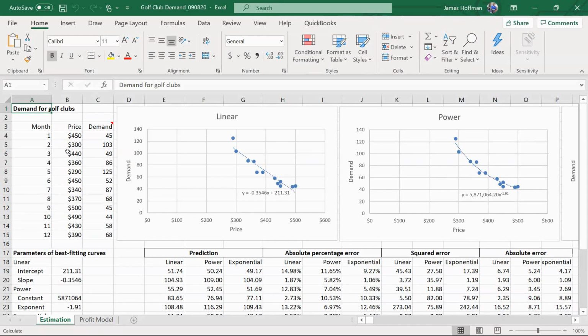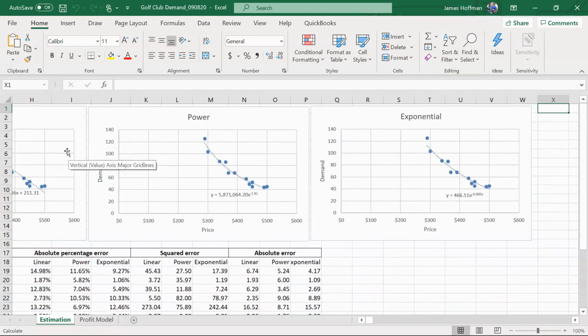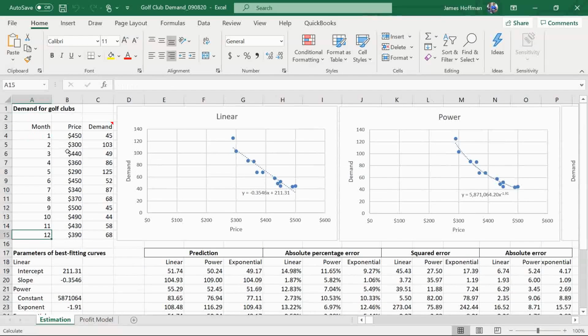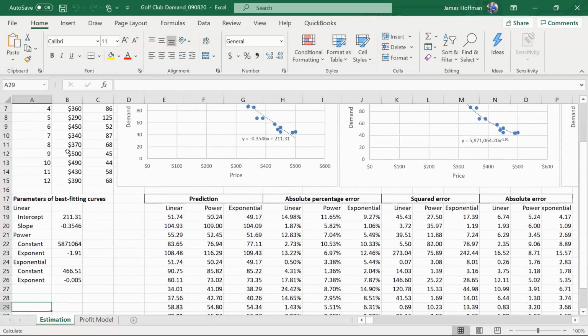All right, so remember on Tuesday, if you were here, we were trying to estimate basically the demand curve for the price of golf clubs and the demand for golf clubs. So we did 3 different techniques. The linear, and the power and the exponential. And we did all the stuff on what type of curve fits the data the best.